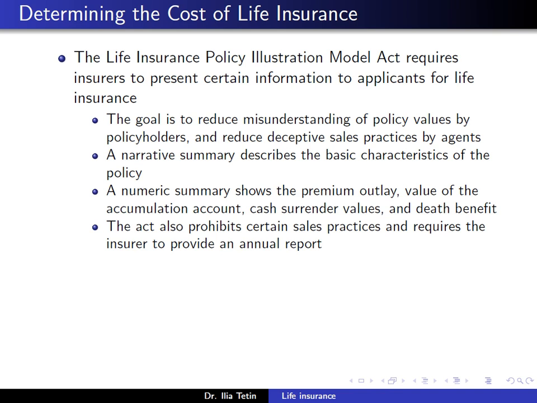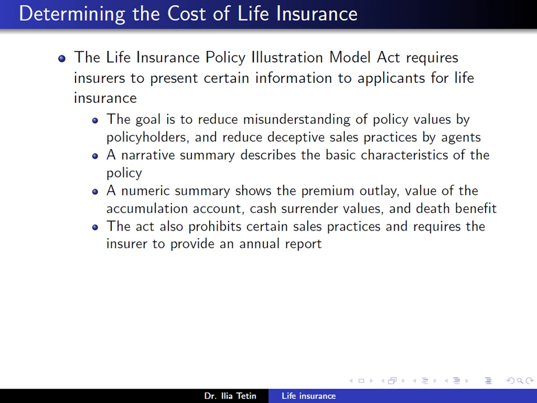Three policy values must be provided: based on the current interest rate credited to the policy, based on the guaranteed minimum interest rate under the policy, and based on a midpoint interest rate.